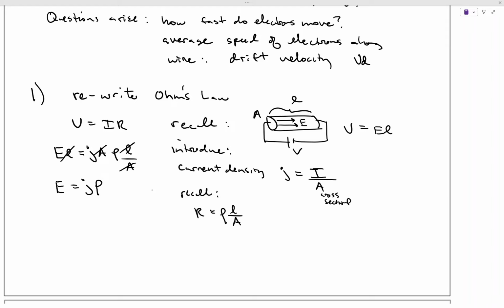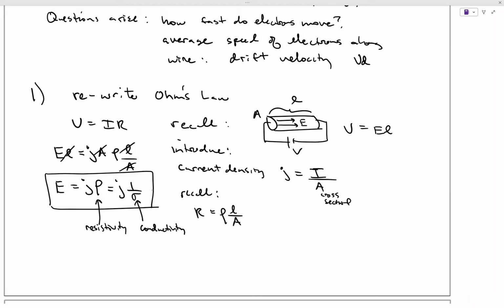We can also write this in terms of the conductivity, where the conductivity is just 1 over the resistivity. This is the microscopic Ohm's law relationship, where rho is the resistivity and sigma is the conductivity.